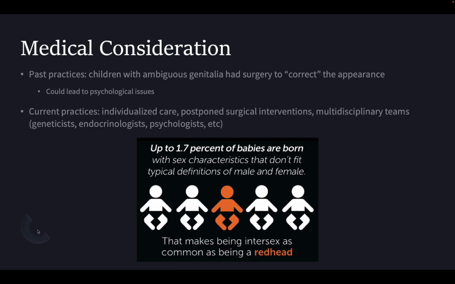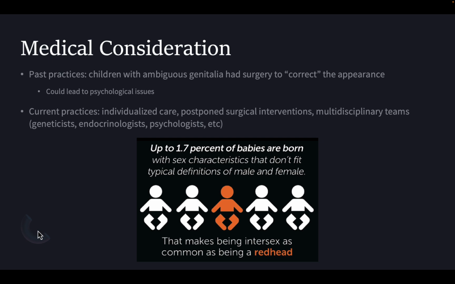And we can also talk about medical considerations. In the past, if a child had ambiguous genitalia, they would have surgery done, like as an infant, to correct the appearance. And this often led to later psychological consequences.